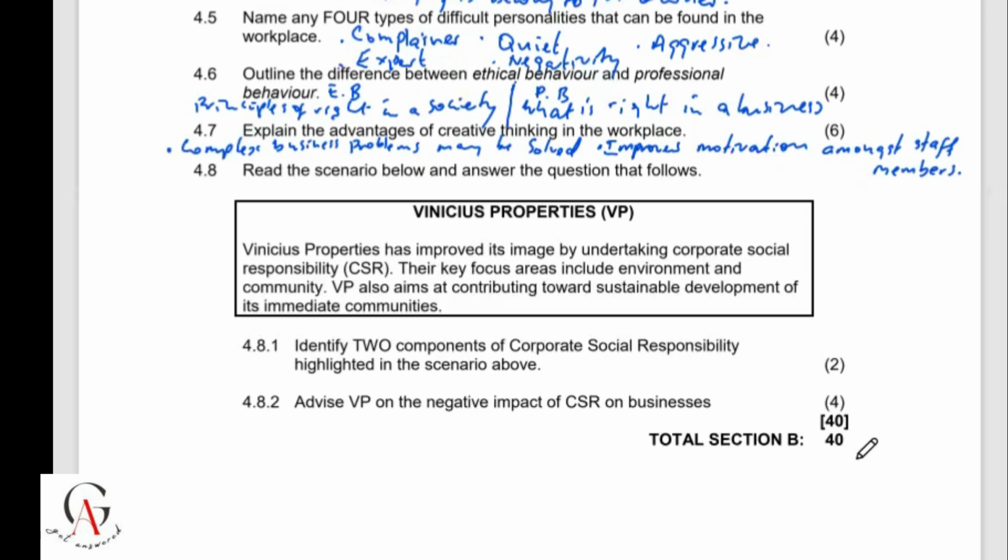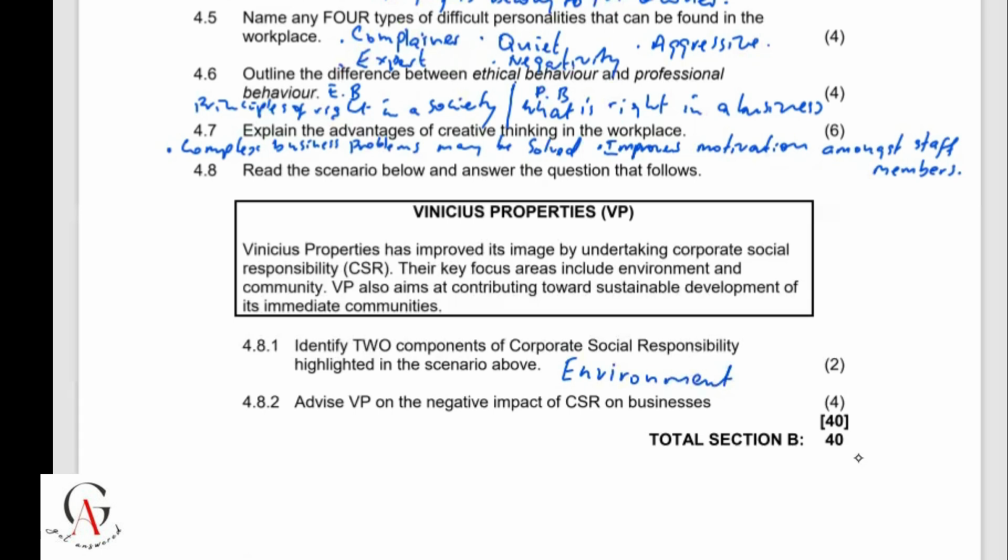So now VP also aims at contributing toward sustainable development of its immediate communities. So now 4.8.1 reads as follows. Identify two components of corporate social responsibility highlighted in the scenario above. So now this is nothing but environment.